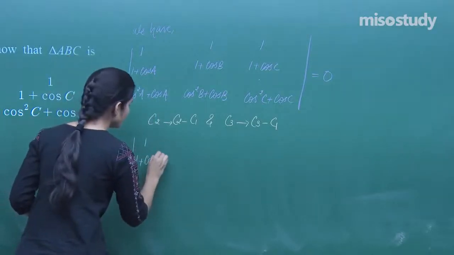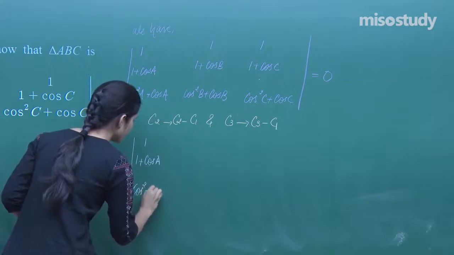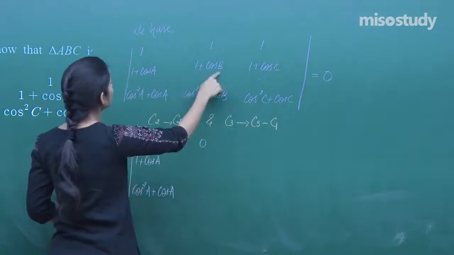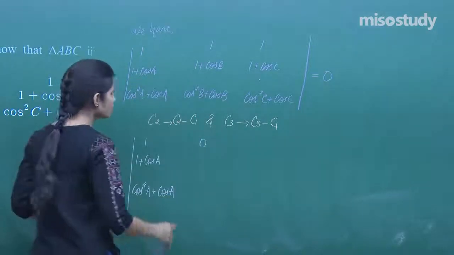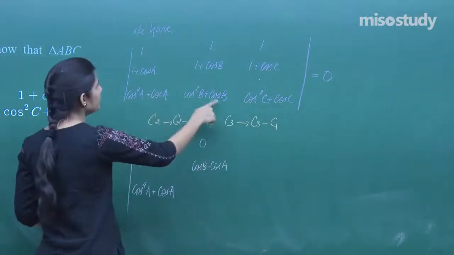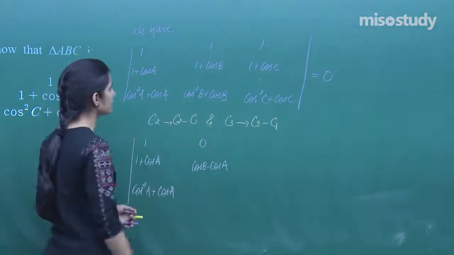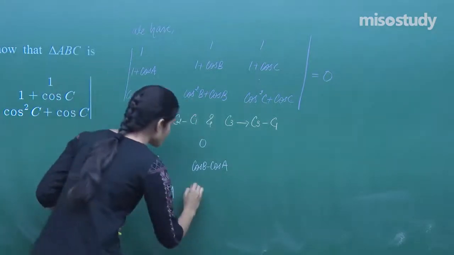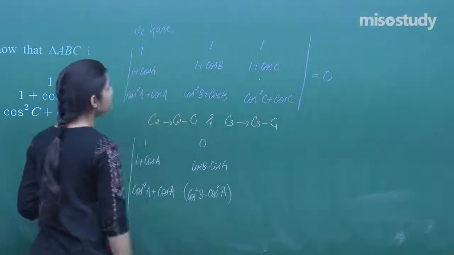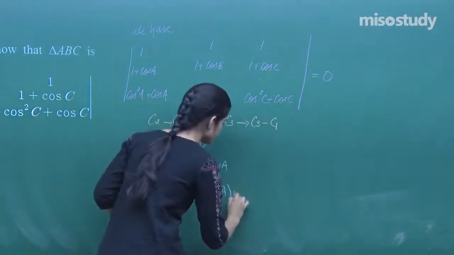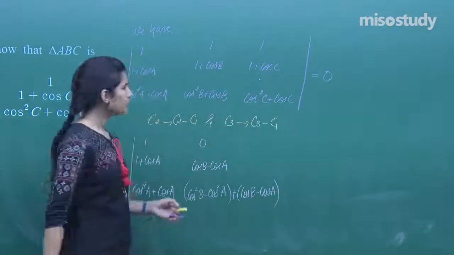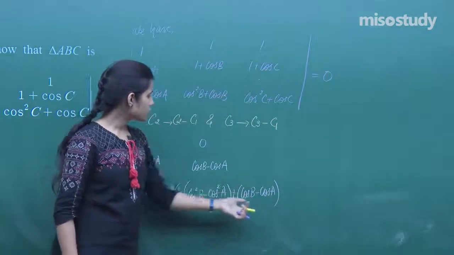This is 1 plus cos A, this is cos square A plus cos A. 1 minus 1 gives you 0. 1 plus cos B minus 1 minus cos A. So cos B minus cos A. Then you have cos square B plus cos B minus cos square A minus cos A. So this will be cos square B minus cos square A plus cos B minus cos A. Right, because you are getting cos square B plus cos B minus cos square A minus cos A.